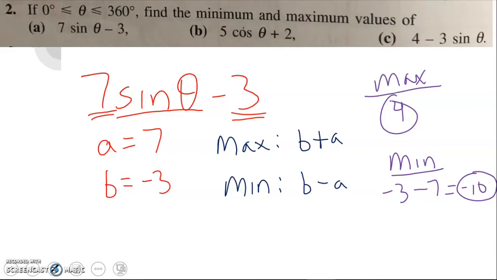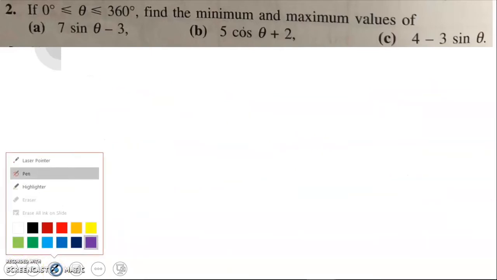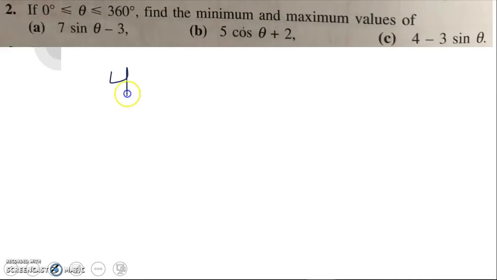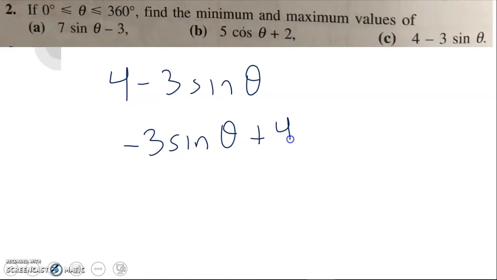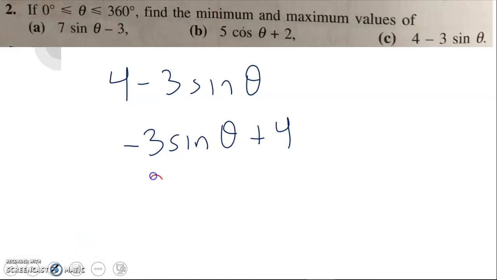I will say, I might as well do C with you. Okay, C, I would rearrange it. So I would say negative 3 sine theta plus 4. And that way finding your A and B is a lot easier.